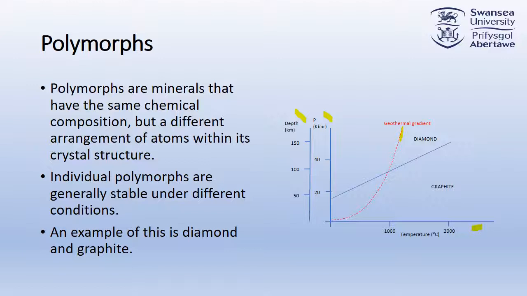This is where graphite is stable, which is basically at relatively low pressures, but up to quite high temperatures. But diamond is stable in this little area here, which is basically high pressures and high temperatures.